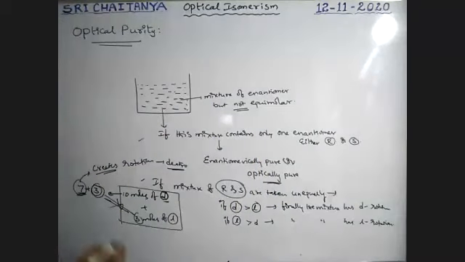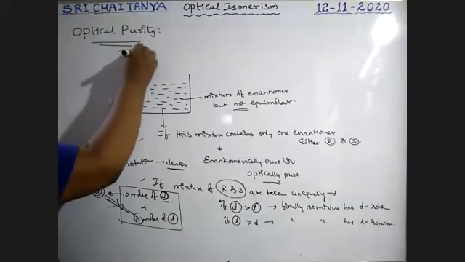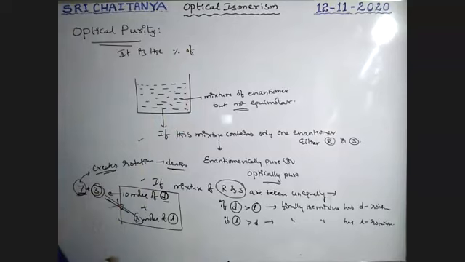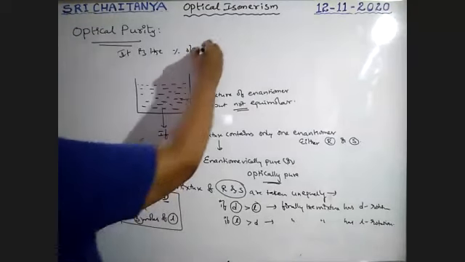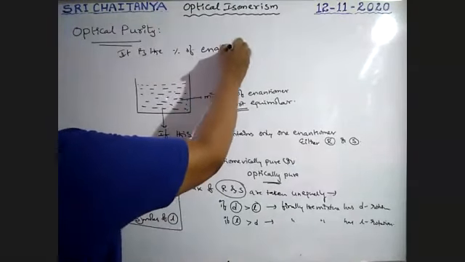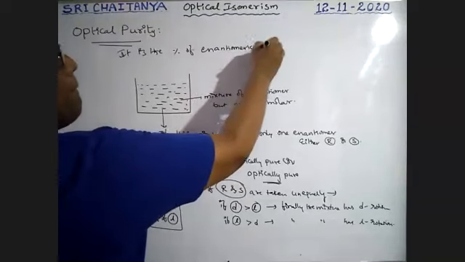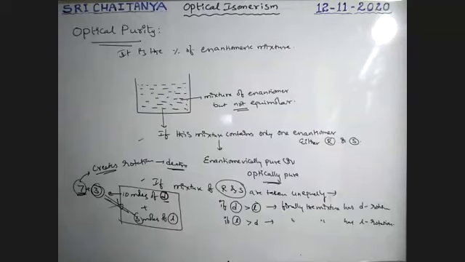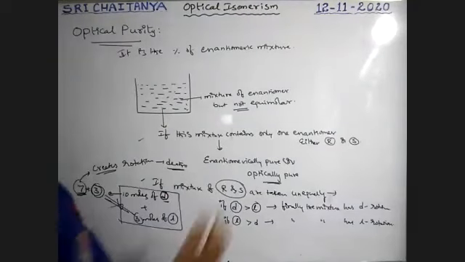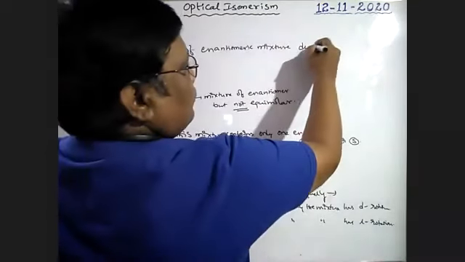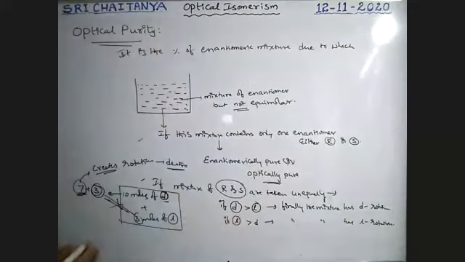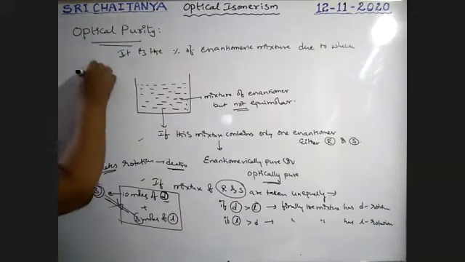See here, what is this optical purity? It is the percentage of enantiomeric mixture due to which optical rotation takes place.